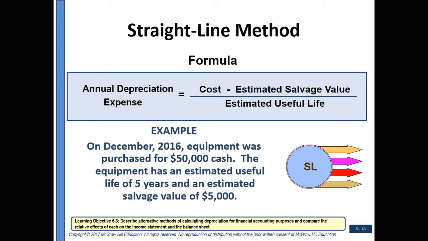Estimated salvage value and estimated useful life are management decisions, so sometimes it's not 100% accurate. Things can happen in the course of an asset's life that may change that, but we start off with a very, very solid estimation based off management experience and the asset itself.